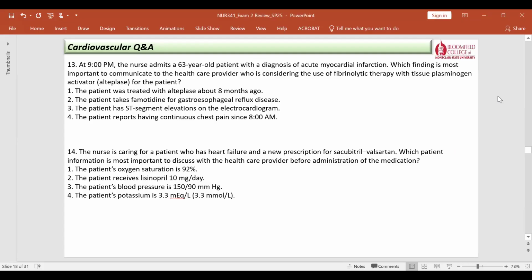Okay, so number 13, what was the answer? Is it 4? Yeah, I would guess 4 too. Because I feel like the chest pain has been going on for like how many hours already?